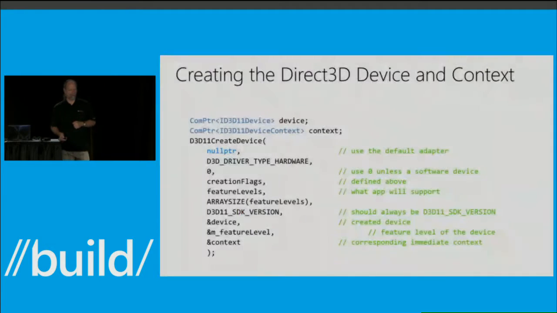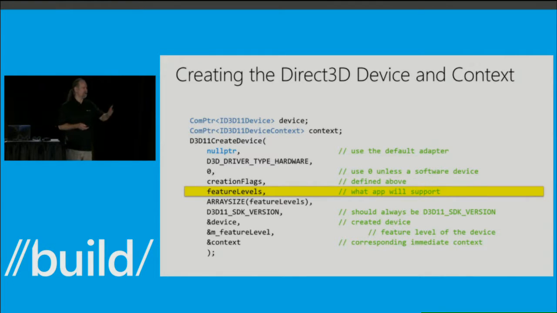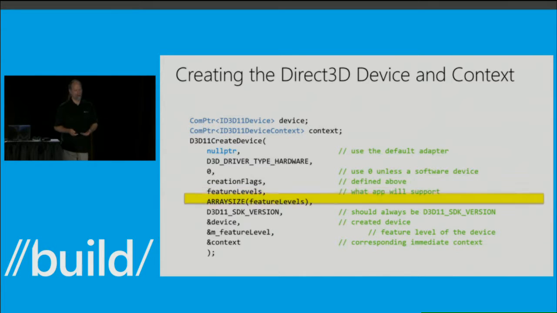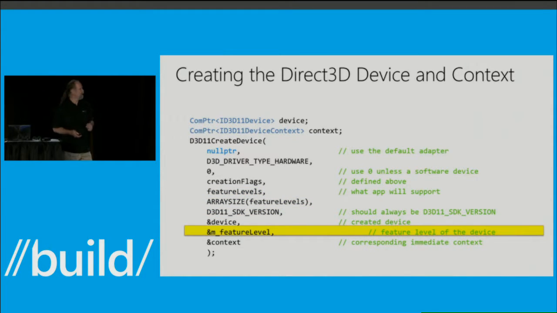So the way we do this in the API is very simple. When you write your code, you say, okay, do I want to use some DX9 features or some 10 features and 11 features? And then you send us that list of the features that you want to use in this input array called the feature levels that you support. And when you initialize the D3D API, we take that list and we go through it and find which is the one that is the best match for the hardware that you're on, and we return that value as the feature level.